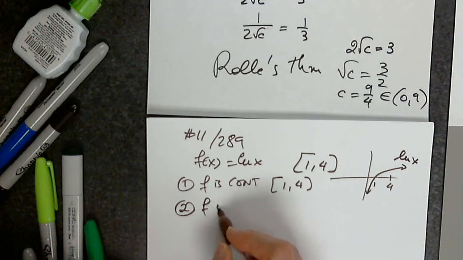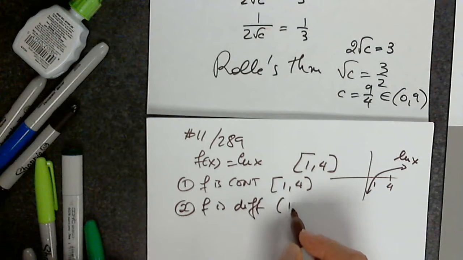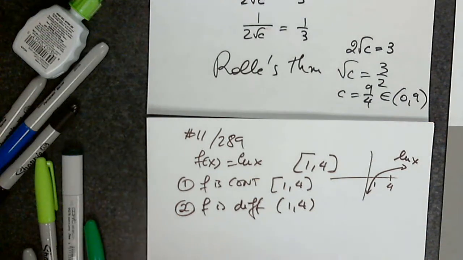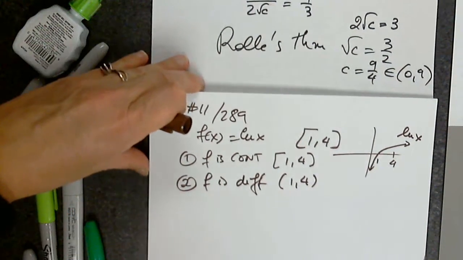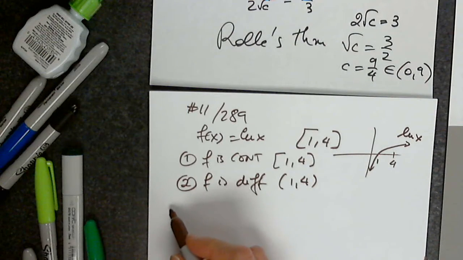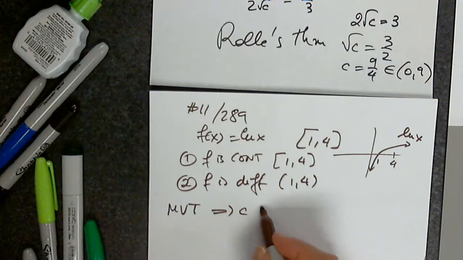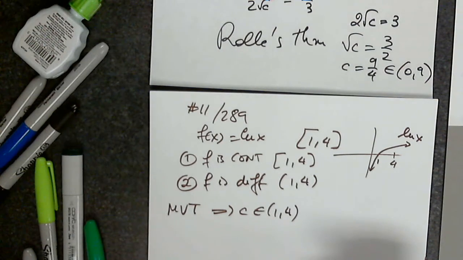Number two, f is differentiable on the open interval 1, 4 for the same reason. We have a theorem that says any log function, any rational function is continuous where it's defined, and it's differentiable on all its domain. So for the same reason, and I have to state something like that, the mean value theorem guarantees a c in the open interval 1, 4.